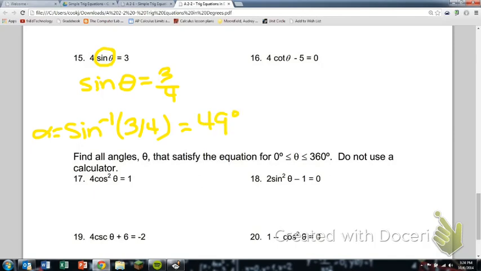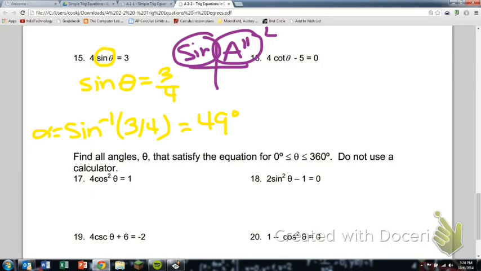And then I know that sine would be positive in the first and second quadrants. So I'm looking for the angles in the first and second quadrants that would have 49 degrees as the reference angle. So that would be 49 degrees away from the x-axis. So in the first quadrant, that's just 49. And in the second quadrant, I'm 49 degrees away from 180. So 180 minus 49, so 131, right?